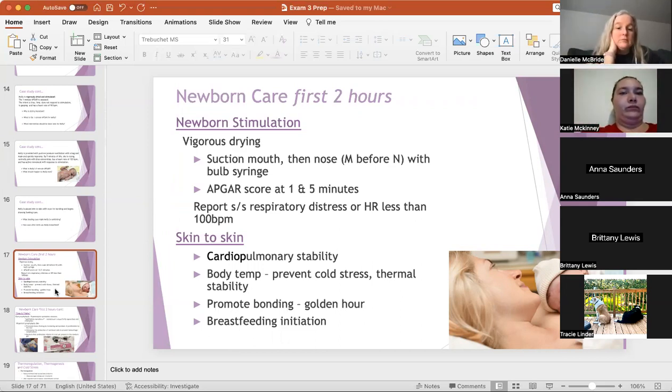Less than 100 beats per minute. Okay, less than 100 beats. What else? If I see signs of respiratory distress, like the retractions between their ribs, seesaw breathing, nasal flaring, grunting.